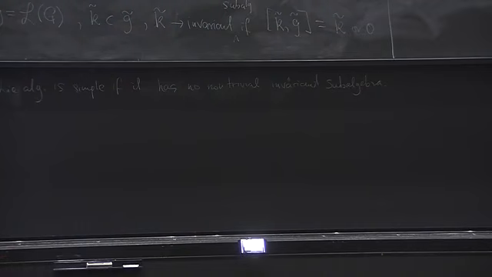So a simple Lie group gives rise to a simple Lie algebra and vice versa.